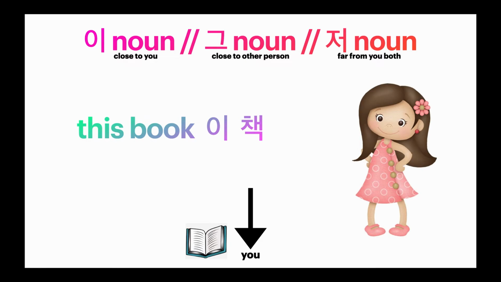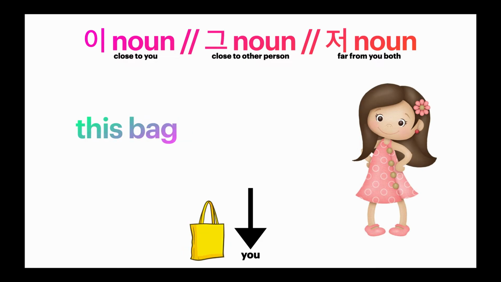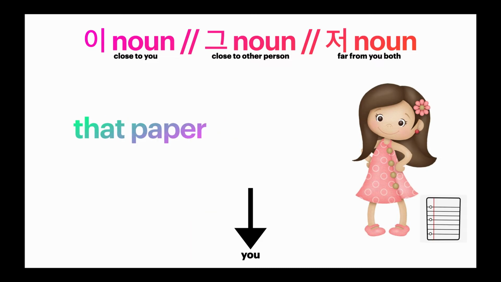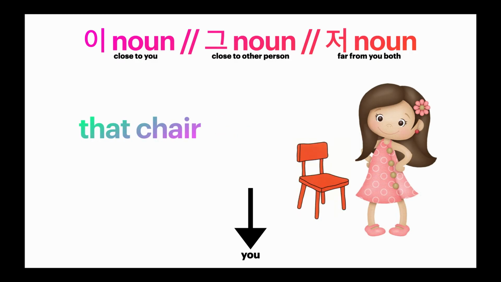이 책. This bag. 이 가방. That paper. 그 종이. That chair. 그 의자.